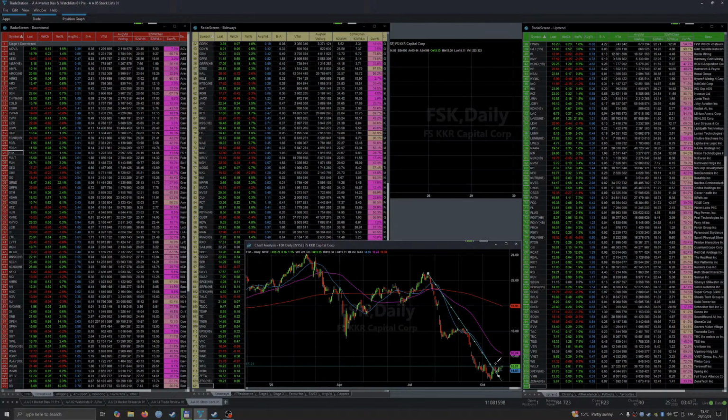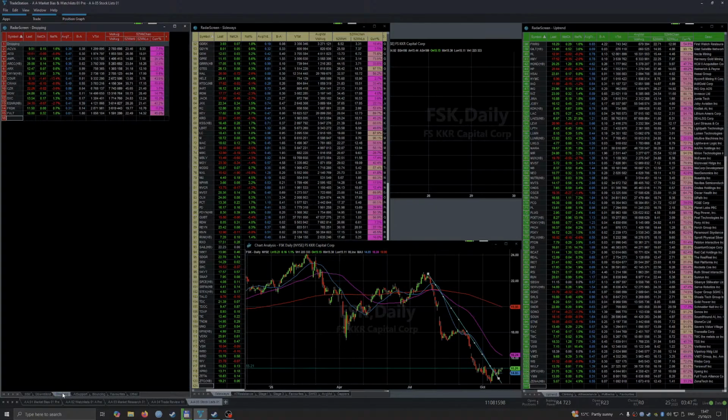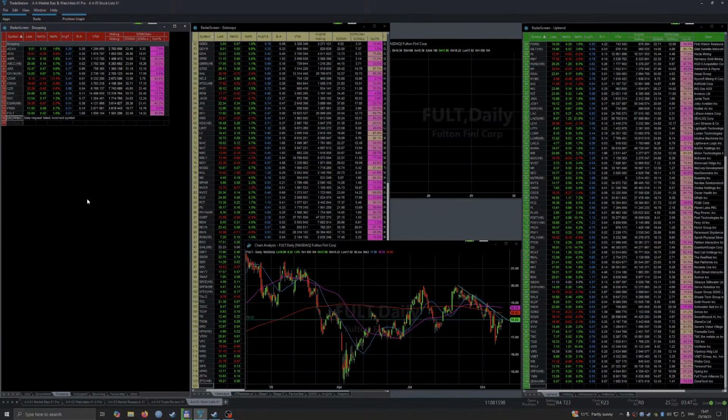This hasn't got past the 1520, 1550 price point, in spite of trying here and here and here. So I'm not convinced that this stock is actually going to rise in price. So until proven otherwise, this is dropping.